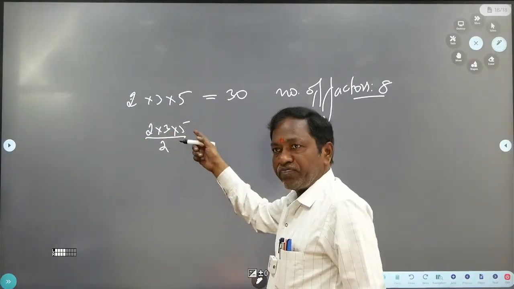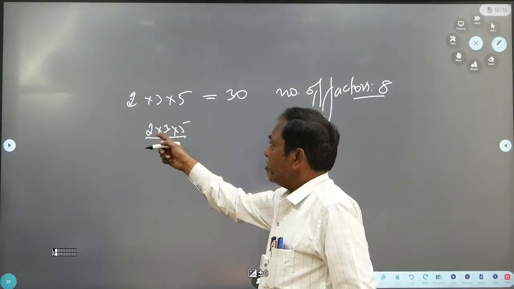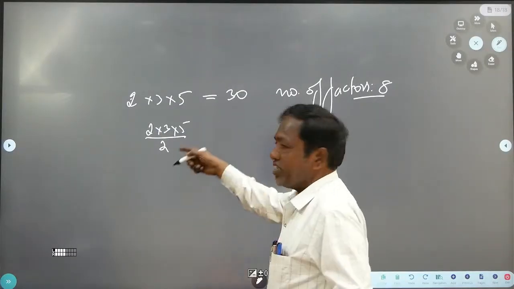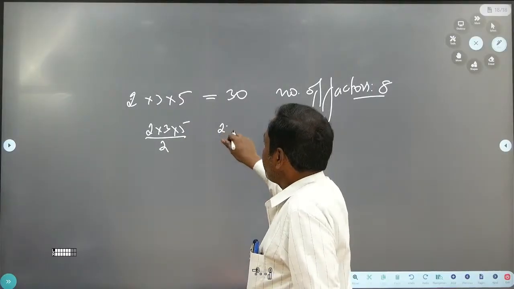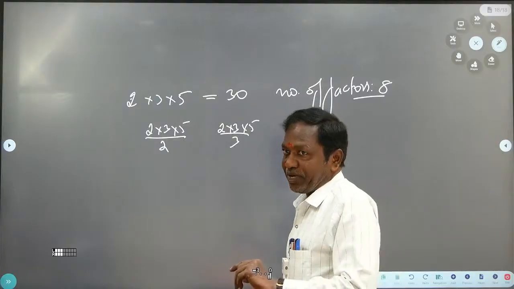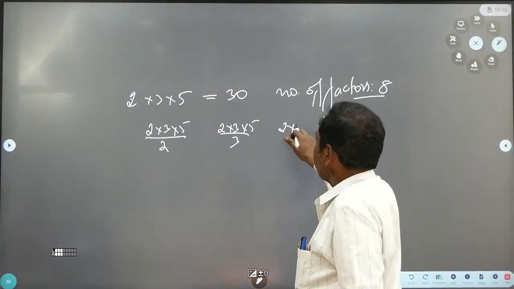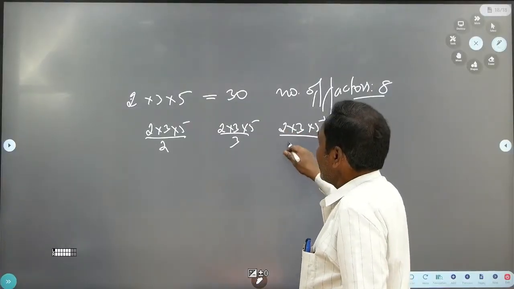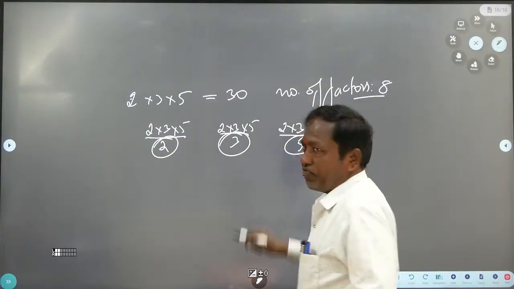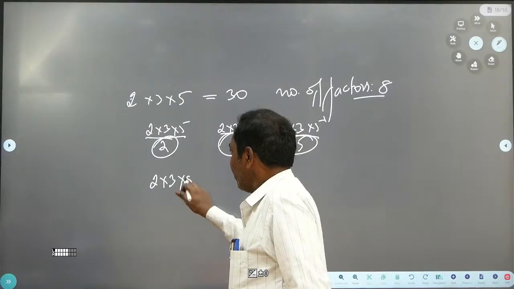Since this is a multiple of 2, let us not worry about the value. That resultant number is a multiple of 2, definitely divisible by 2. Already we have checked, 30 is there. Now 2 into 3 into 5 by 3 also is possible, because it is a multiple of 3. And 2 into 3 into 5 by 5, yes. Already how many factors do you have? 3 factors, right?